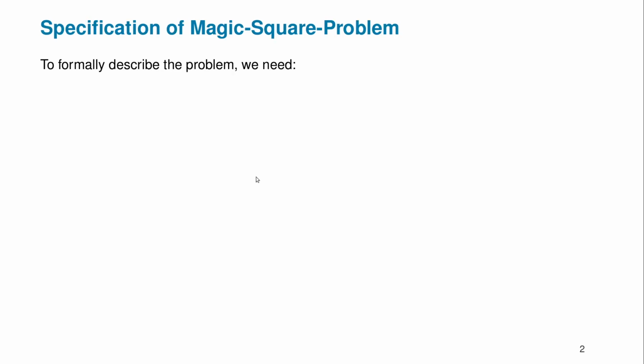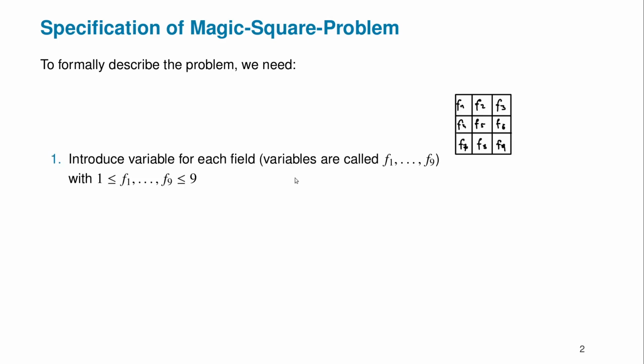Okay, now assume we have a logic that can provide the necessary components we need to encode this problem. So how can we specify the problem? First of all, we have to introduce some variables which represent the values of the fields.